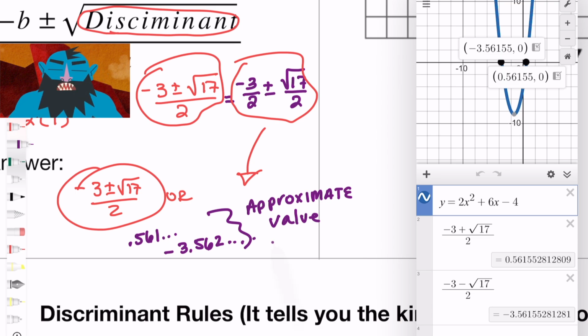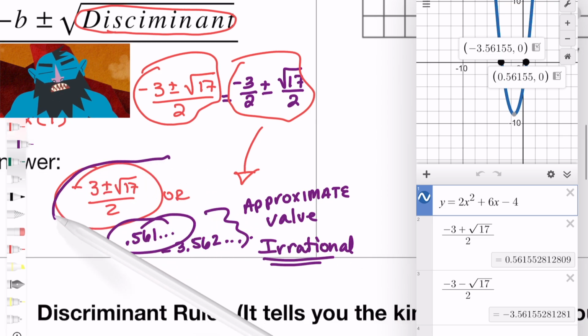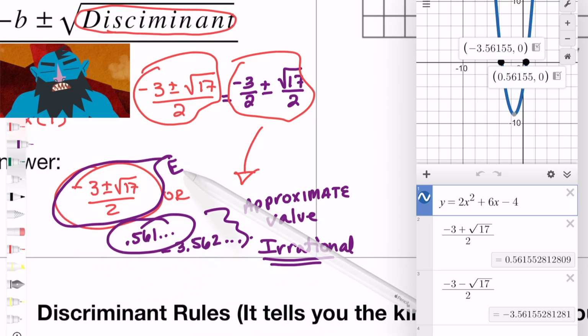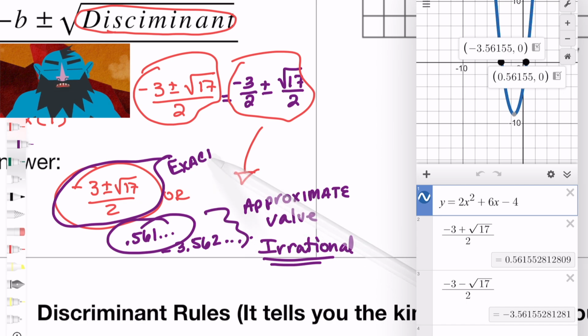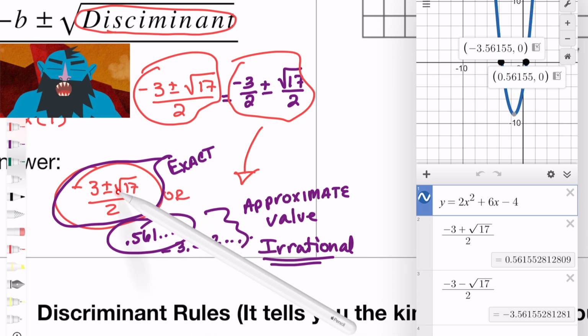They are irrational answers. And irrational answers are these decimals that just never repeat, and they never end, and they never have a pattern. And so the only way to really write down the whole value of that number, all the decimal places, is to leave it in this exact form. As soon as I take the square root of 17, I'm going to get a decimal that never ends. So I'm just going to leave it as root 17, saying, I want you to use it just like this.